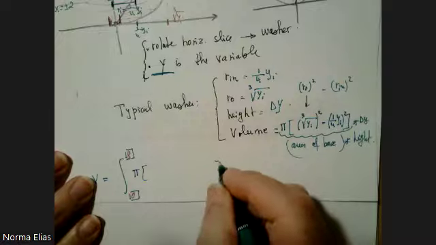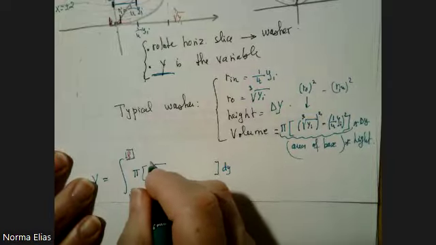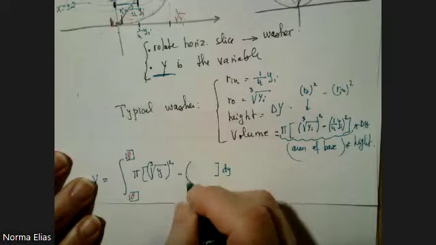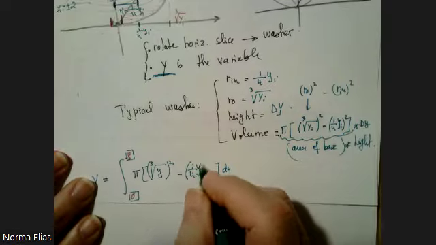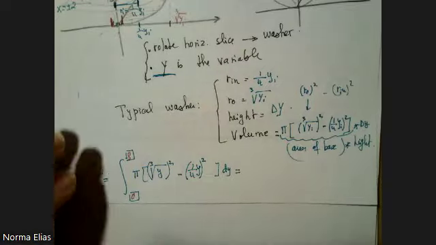And then the volume is pi times dy, that's the little height, and this is the area of the base, the outer squared minus the inner squared. That's the setup. So now let us see, if we want to evaluate this, what do I get?